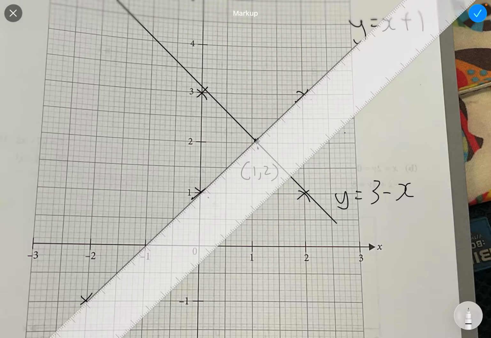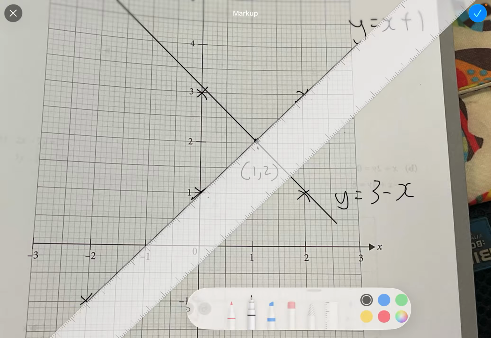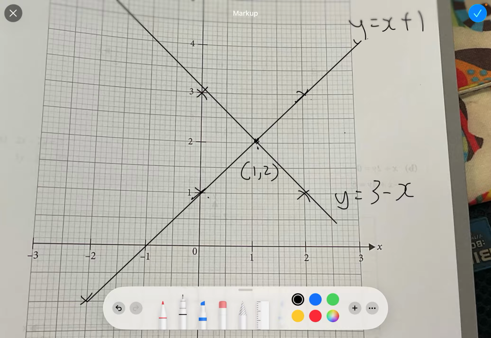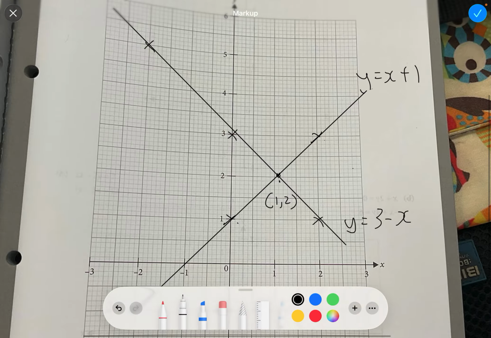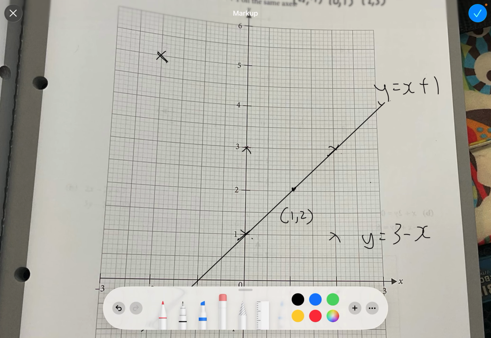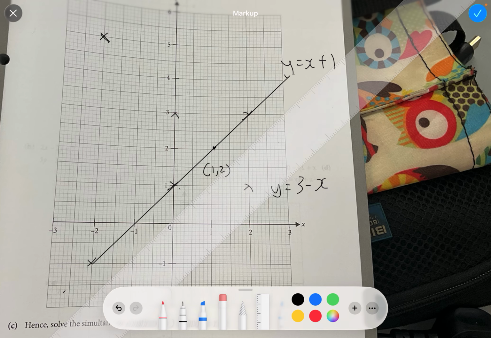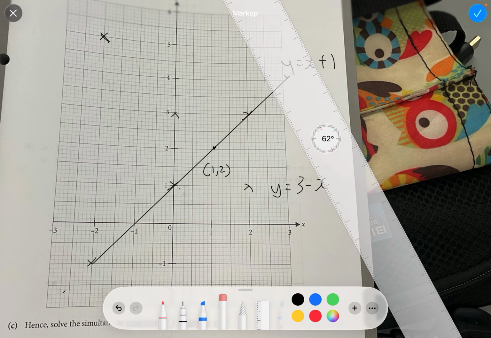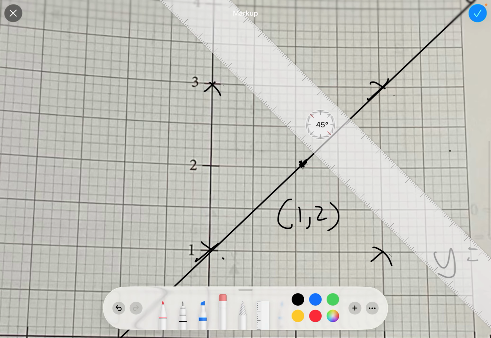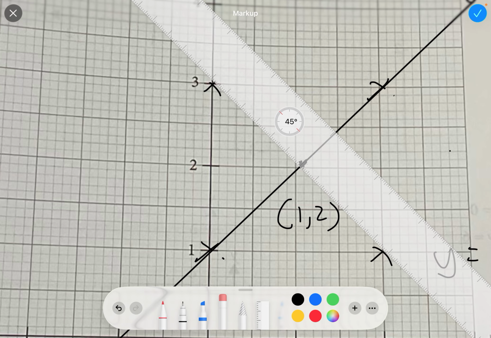Okay. So part C, when they say solve the simultaneous equation, they are asking you, what is the value of x and y that satisfies both equations at the same time? So from their intersection, the only solution that can satisfy both equation 1 and equation 2 is x equals 1 and y equals 2.